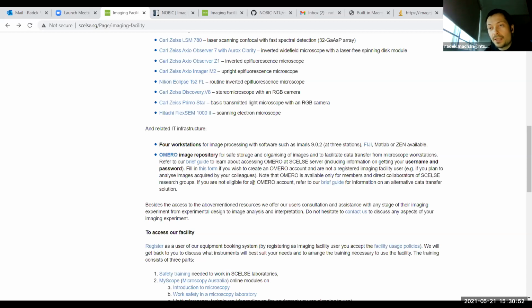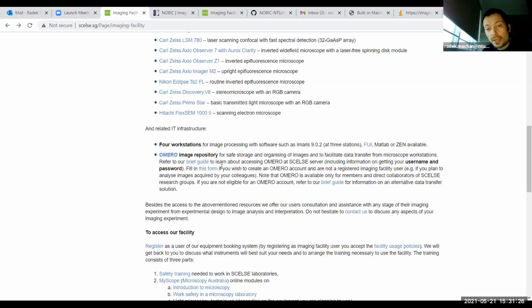It runs on a server at CellC, and you can use it to store and archive your images, and also to transfer images from the microscopes to, let's say, anywhere else, because we don't allow any external hard drives or USB thumb drives to be used at the computers in the facility.